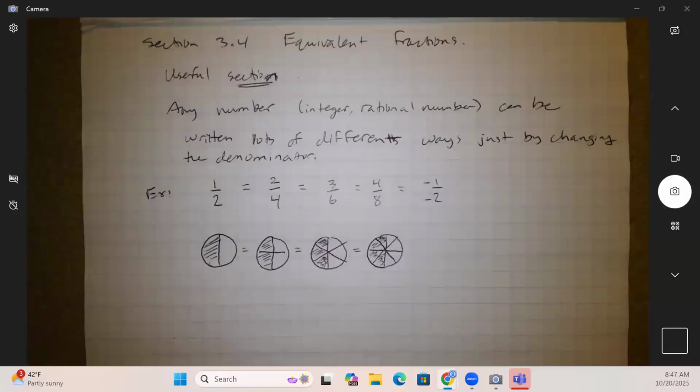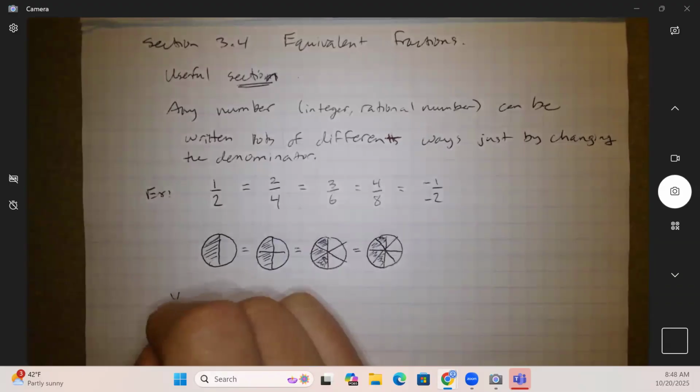The reason this is so useful is when we're working with fractions, we often have fractions that have different denominators, and that limits the type of operations we can do. So if we can write our fractions with the same denominators, that opens up a world of operations.